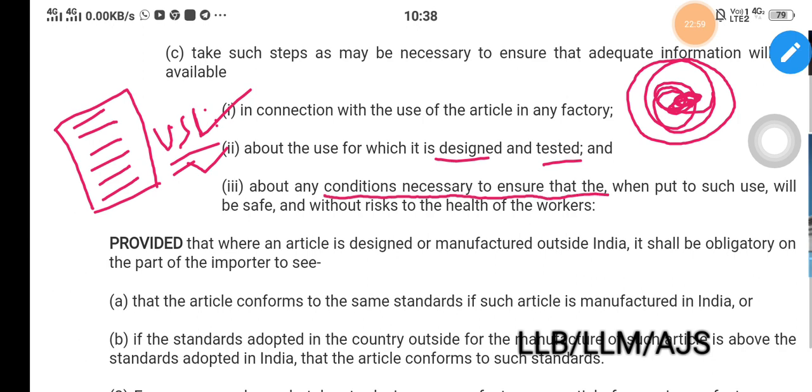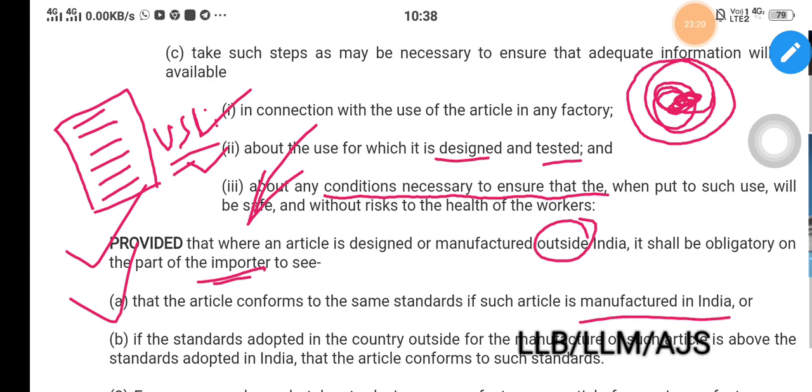Provided that where an article is designed or manufactured outside India, it shall be obligatory on the part of the importer who imports it. It is the obligation of the importer to see that the article conforms to the same standard as if such article is manufactured in India. So the standards must be the same as if it is manufactured in India, even though it may be manufactured outside India.